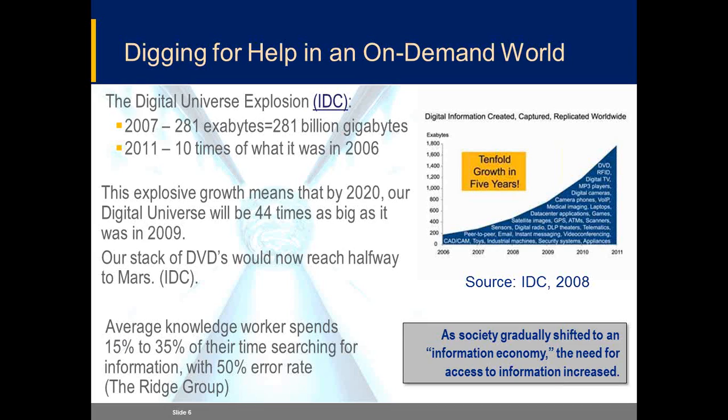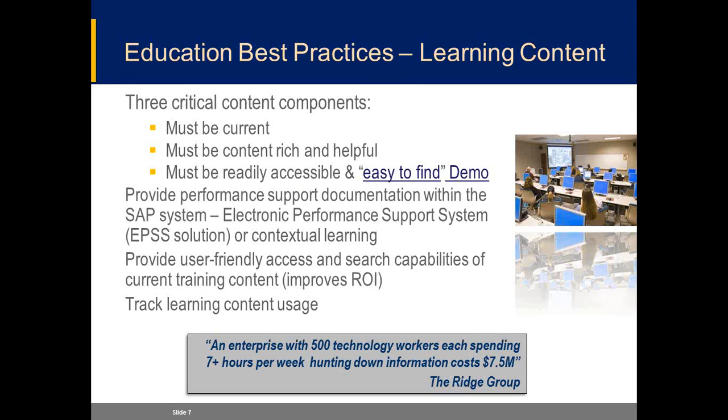The 50% error rate can be, hey, the information was outdated, I couldn't find it, etc. And the fact is, as information keeps growing, we need to make sure it's organized. We need easy access and organization to that.